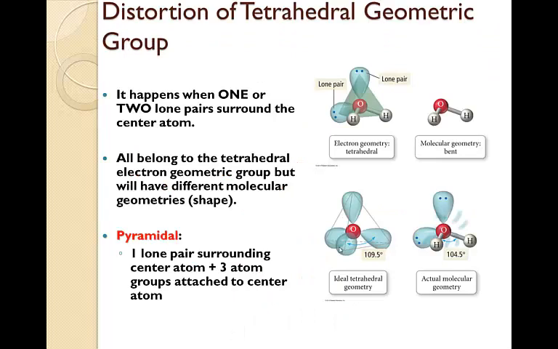So let's look at the tetrahedral geometry first. This happens when there's either 1 or 2 lone pairs on the center atom. All belong to the tetrahedral electron geometric group, but will have different molecular geometries or shapes. The first one is pyramidal. It has 1 lone pair on the center atom and 3 atom groups.